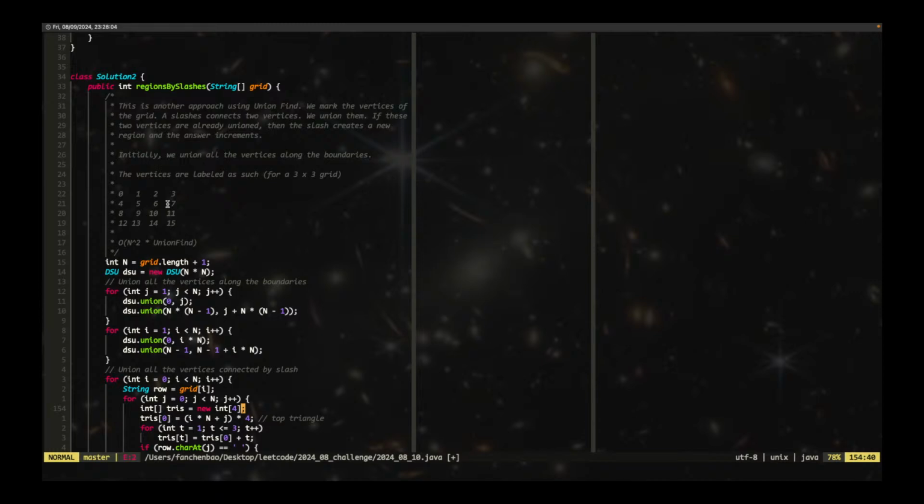How do we connect them? Are you giving me an index, or are you giving me an i and j? I just know the top left. Right, I know the top left. I can compute the rest.